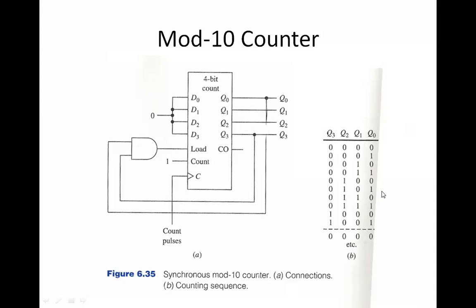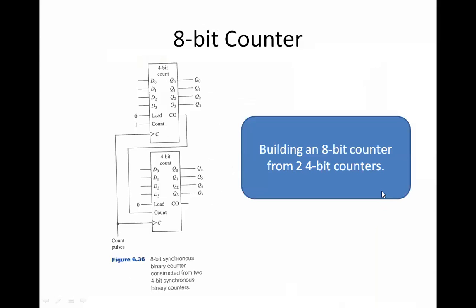Right. So the next one is our 8-bit counter. We can build an 8-bit counter with the help of 2 4-bit counters. Here we saw a single 4-bit counter previously, and combining them, this can become an 8-bit counter.